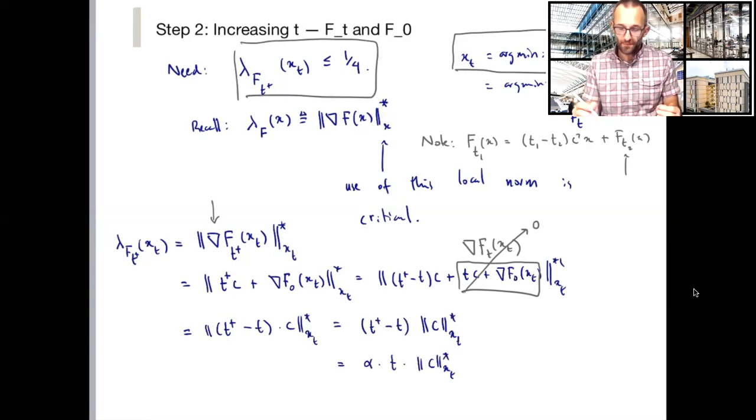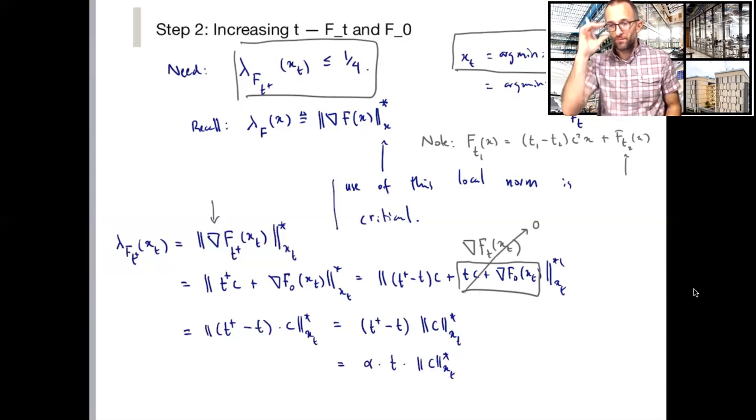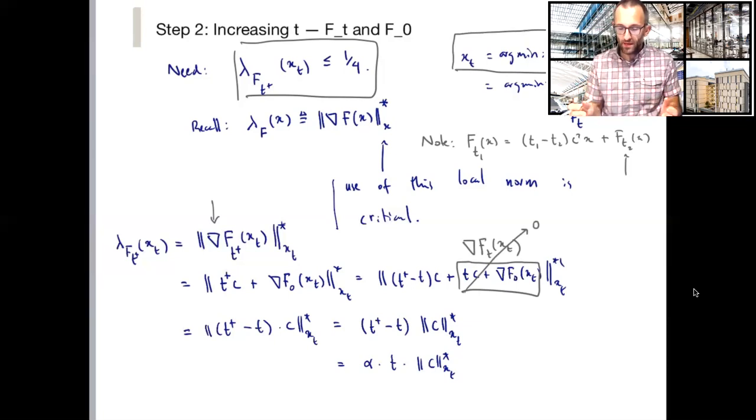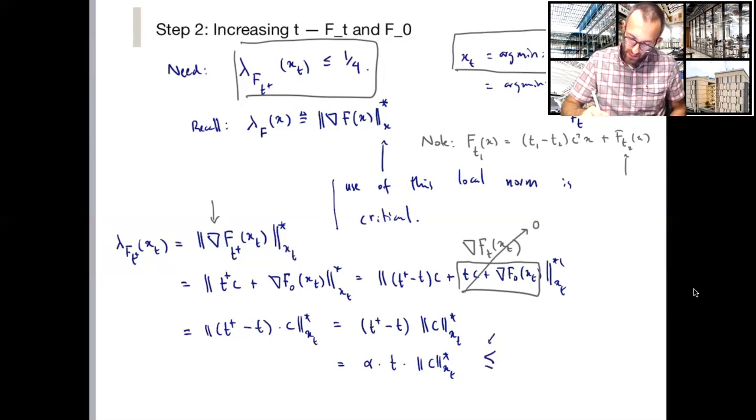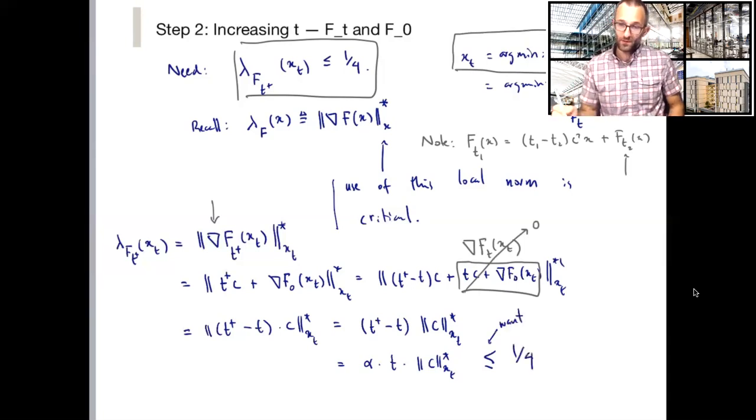So you see why I said that use of the local norm is critical, because there's no possible way that if I replace this norm with something that's not changing, that doesn't depend on t itself, that I could ever hope to have this work. Remember, we need this to be less than a quarter.